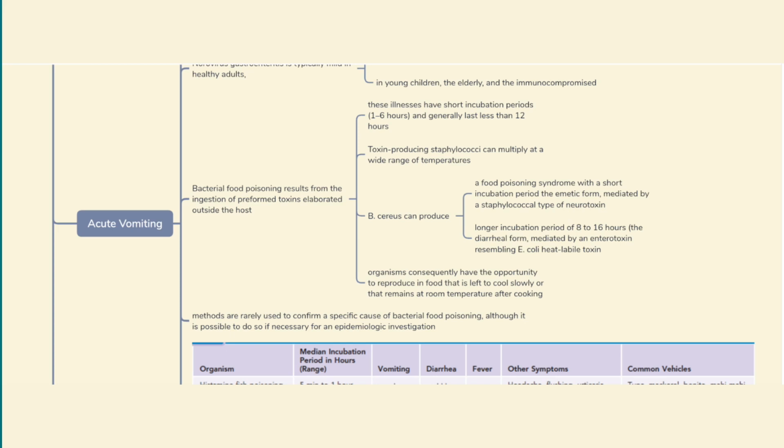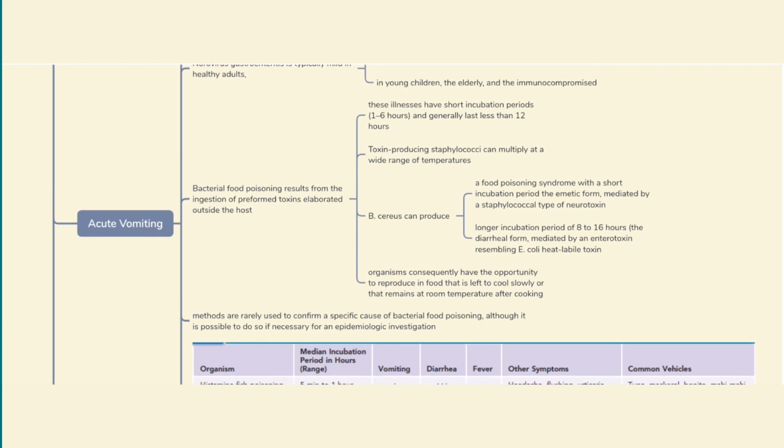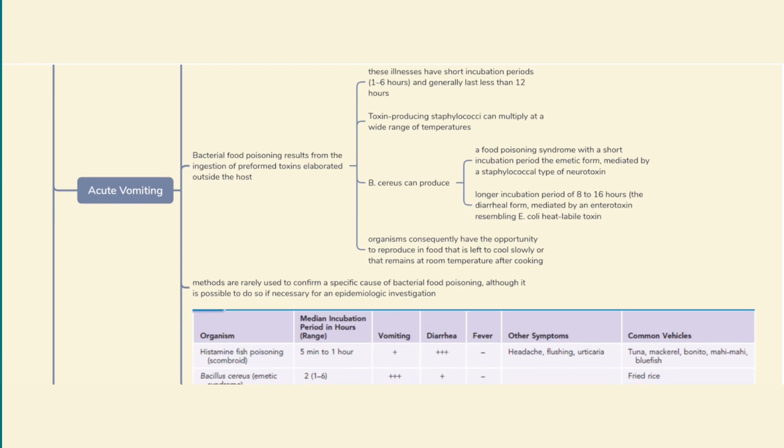It also has a longer incubation period, which can sometimes be from 8 to 16 hours, or can be 1 to 6 hours, depending on the amount ingested and depending on the type of toxin. The short form of toxin, which has a short incubation period, is the staphylococcal type neurotoxin, but they have another toxin, which is an enterotoxin, which resembles the E. coli heat-labile toxin.